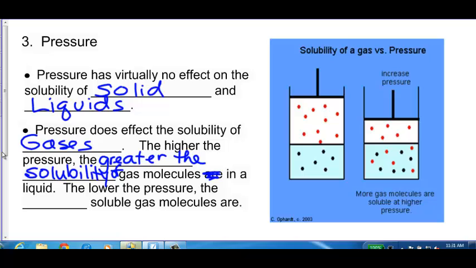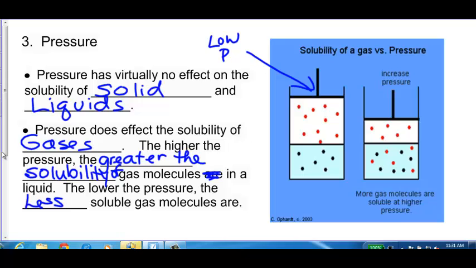The lower the pressure, the less soluble gas molecules are. And that's what this diagram over here is showing you. So in the first picture, there is low pressure, and you notice that much of the gas is above. There's very little gas dissolved, okay? In fact, there's no gas dissolved.